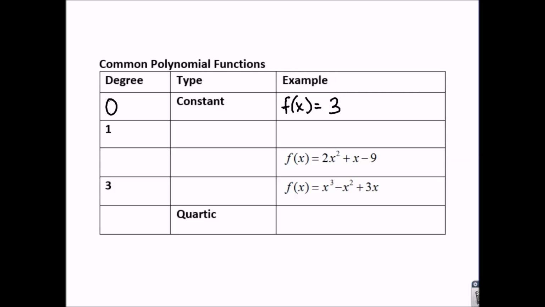A first degree polynomial is also known as a linear function. So that's like what you spent most of your time working on in Algebra 1, something like 2x minus 1. Now we have a familiar example here in the third line. This is a quadratic.